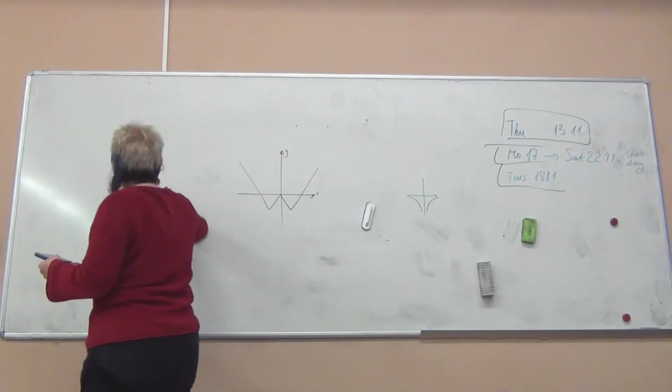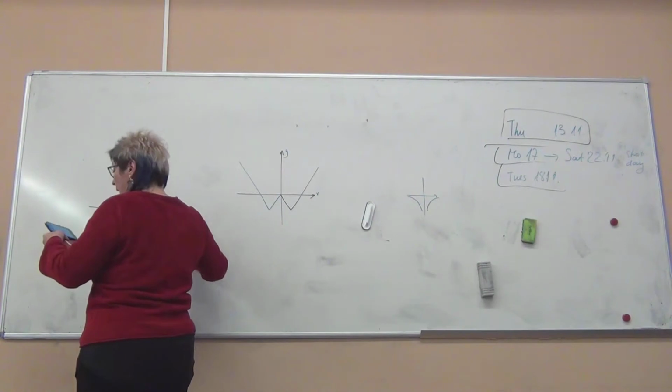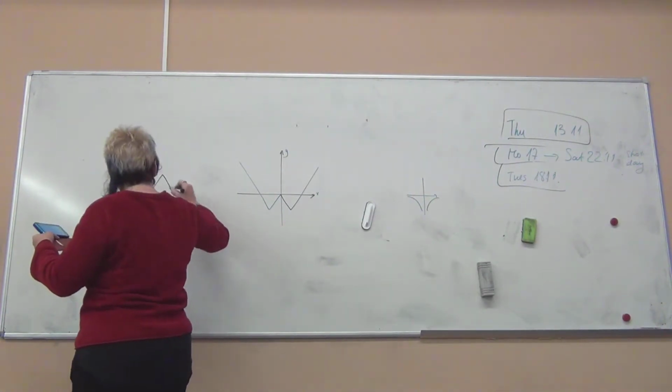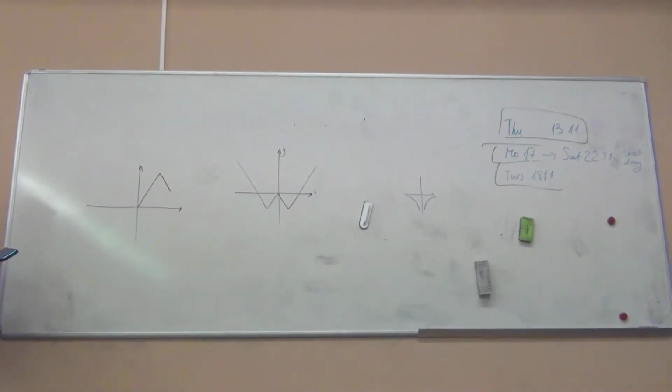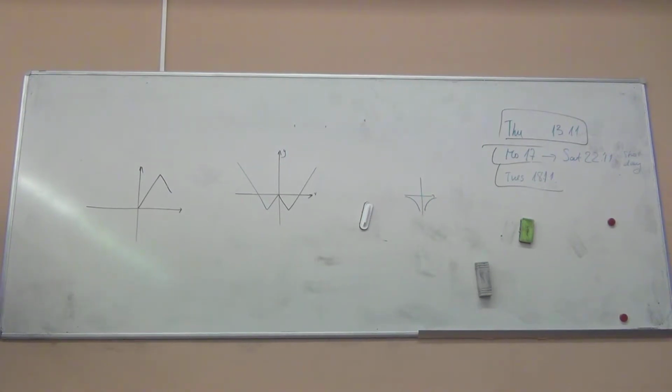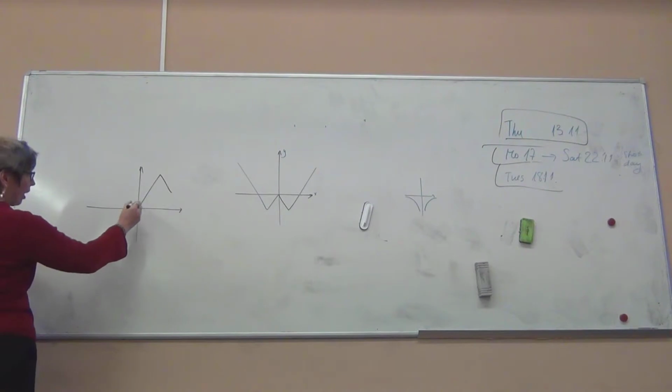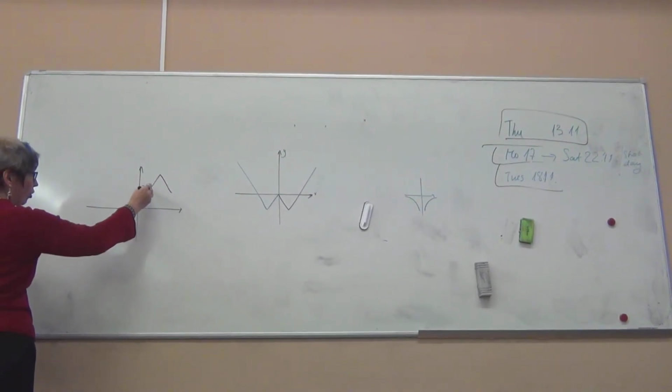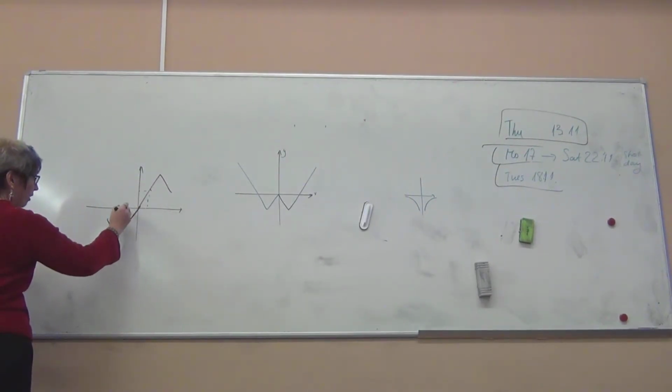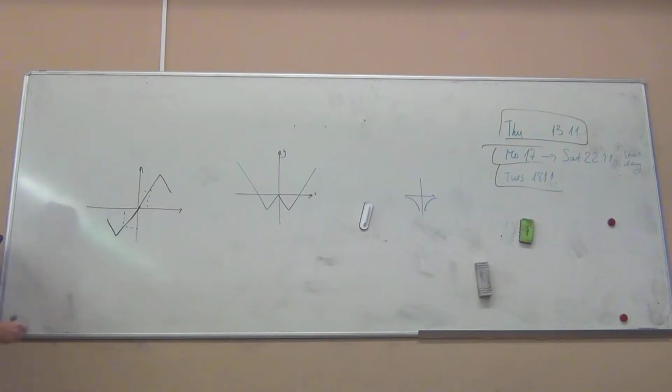The central symmetry. So if you are given a graph like this, then to complete this graph so that the function is odd in the end, you must understand that if x changes the sign, then the function simply changes the sign. So for opposite x values, the function values are also opposite.